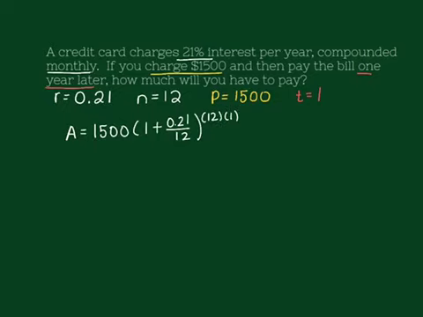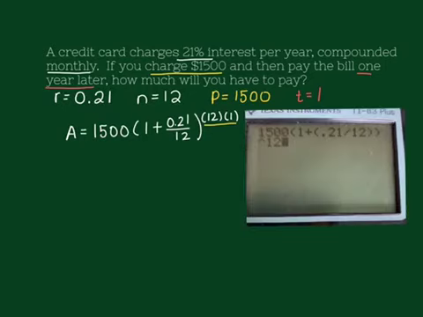Now, when I go ahead and put this in my calculator in a minute, I can just multiply this. 12 times 1 is just 12. So that's what I'm going to enter in my calculator. So here's that calculator screen again, showing you exactly how you have to put the parentheses around that division right here. And then we don't need the parentheses on the exponent because remember we said that was 12.